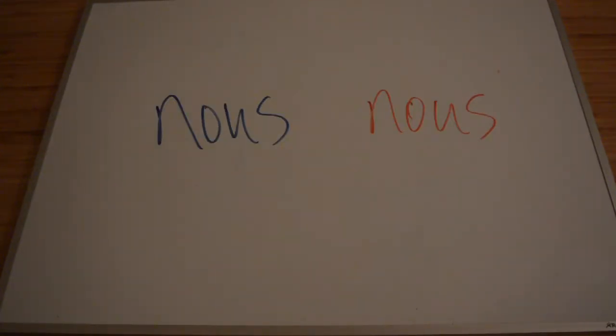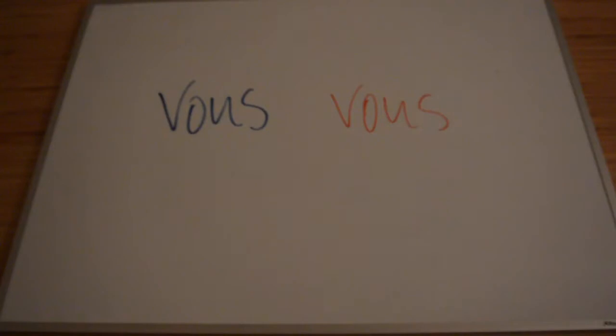Nous in blue is part one, your pronoun, and your reflexive pronoun is really easy to remember here because again it's nous, so it's nous, nous. You need to say both of them to form a reflexive verb. Same again with vous. Remember that vous means you, plural, so you if you're talking to a group of people, or you if you're talking to somebody in a formal situation. So vous in blue here is the normal pronoun, the first part, and part two, your reflexive pronoun, is again vous. Nice and simple to remember, vous, vous.